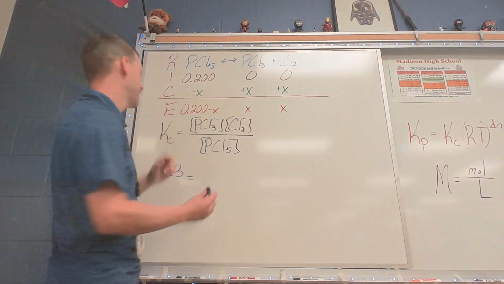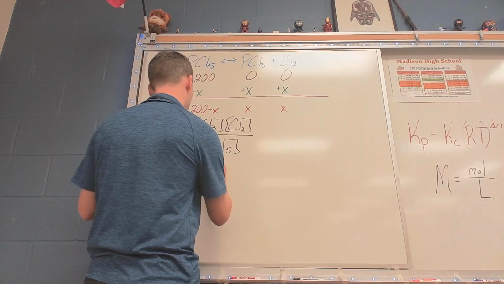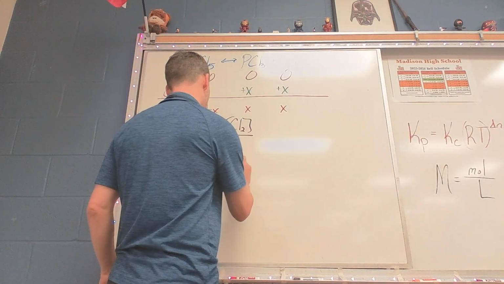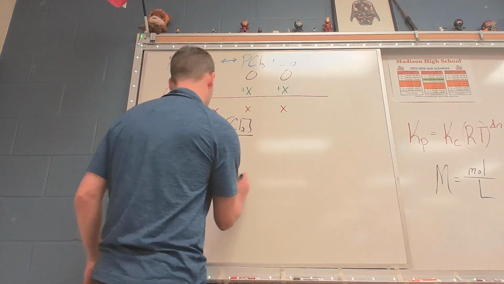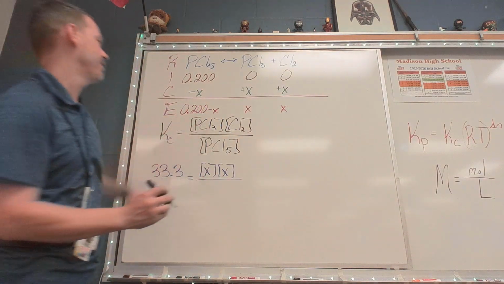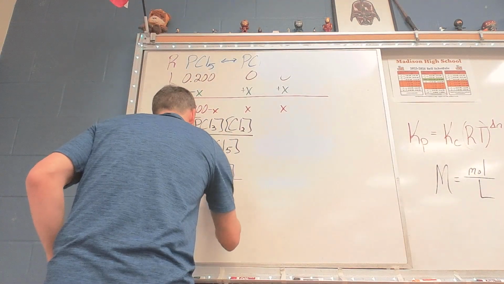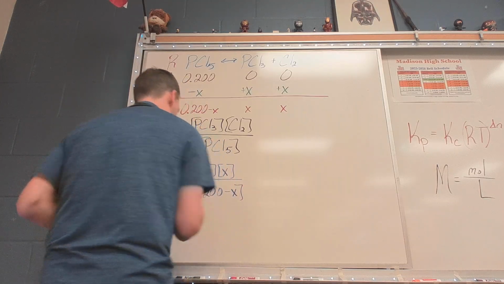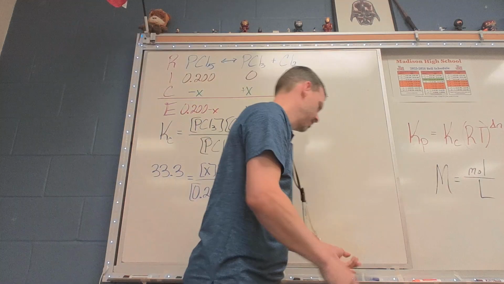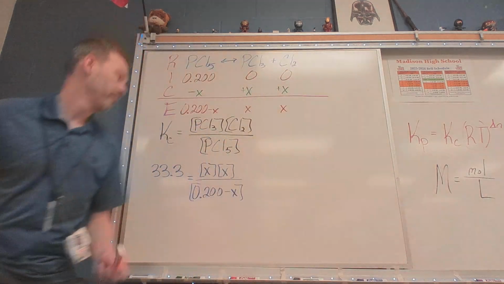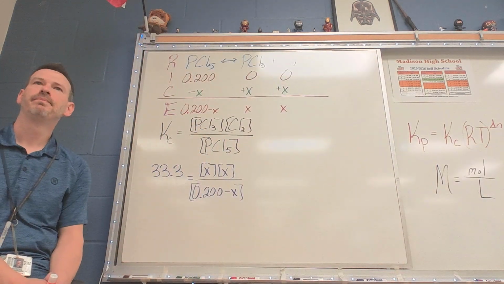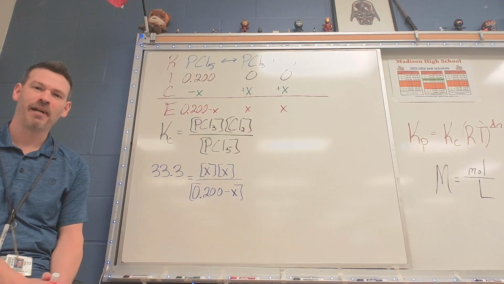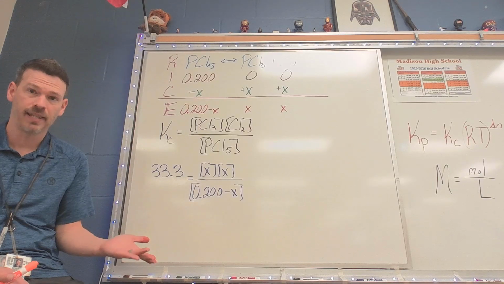The PCl3 is X. The Cl2 is X. The PCl5 is 0.2 minus X. We okay? Let's keep simplifying. We need X. If we find X, it's game over. We win.